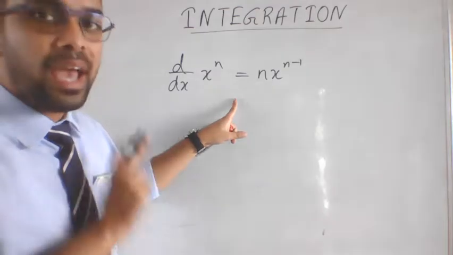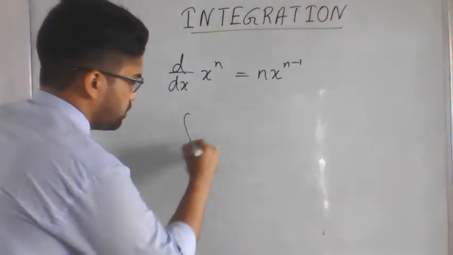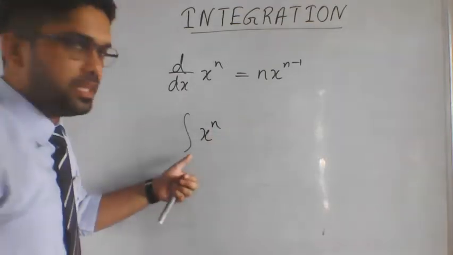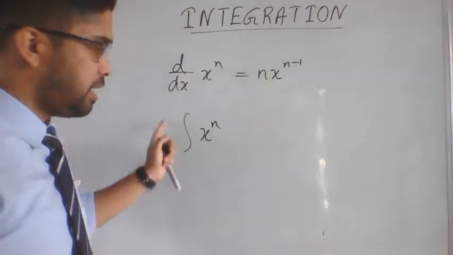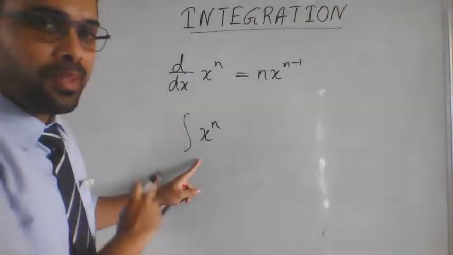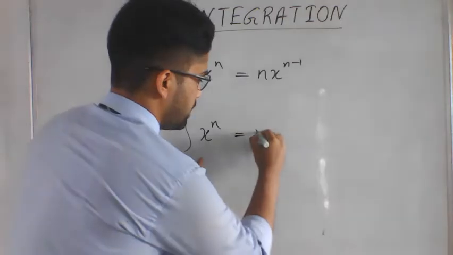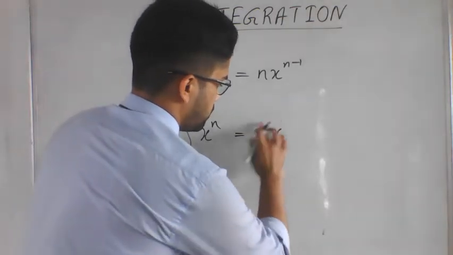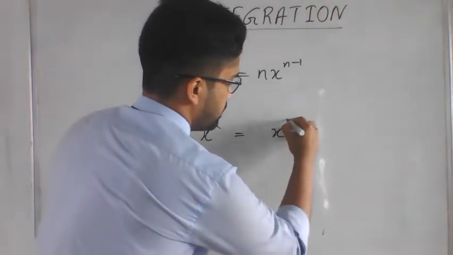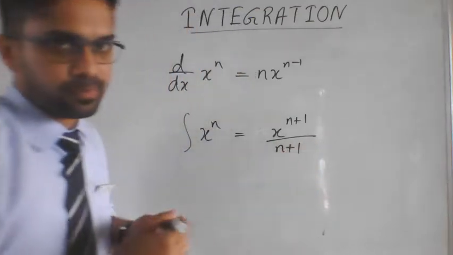So if we have the integration of x raised to the power n, this is the symbol for integration, like a snake, scary, as integration is. Integration of x raised to the power n is x raised to the power n plus 1 by n plus 1.